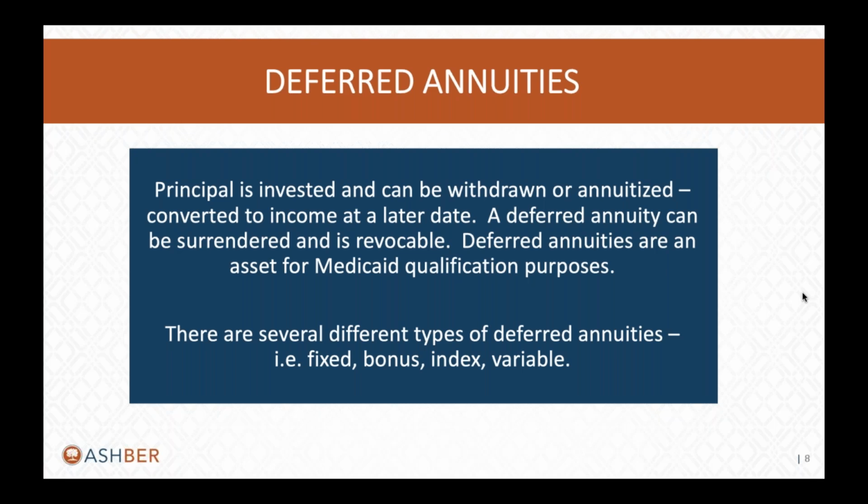What this really means is how the money is going to grow, either based on a fixed interest rate or if the money is tied to the market at all. Depending on your client's comfort level with either being guaranteed a fixed rate of return or having that money tied to the market is going to really determine what type of deferred annuity they would be purchasing, whether it's a fixed rate of return or maybe an indexed or variable contract.